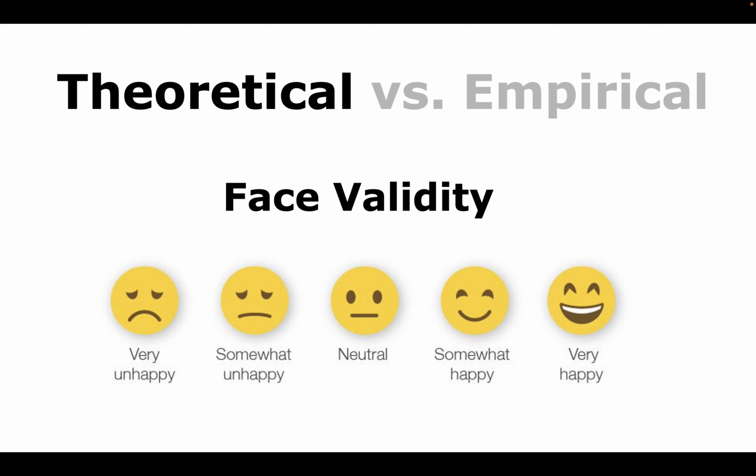So a theoretical way of determining how you're going to measure happiness using a scale is called face validity, and that's where you would create a scale like we have here, and you could just look at that scale and say, if I were to give this to students and say, mark on here your level of happiness today, circle the face that represents where you're at in terms of happiness.